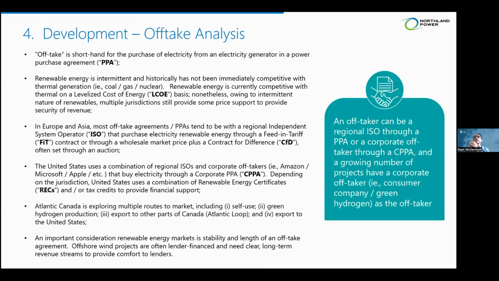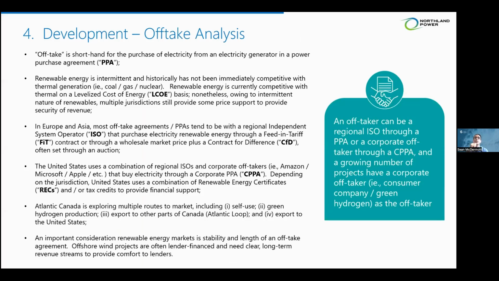Next, offtake. This is an important question for all projects, and particularly at the moment for new projects all over the world. Offtake is basically shorthand for who is purchasing the electricity.